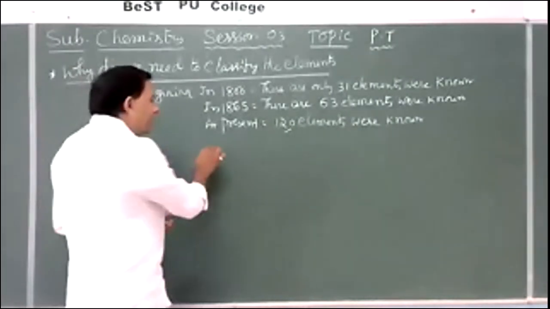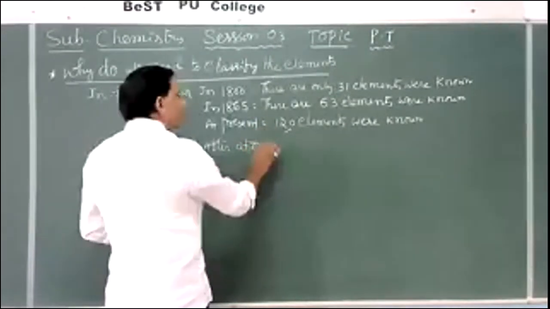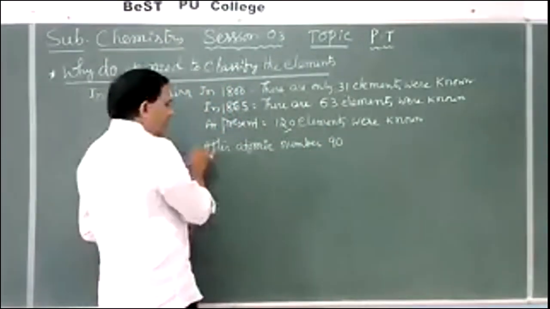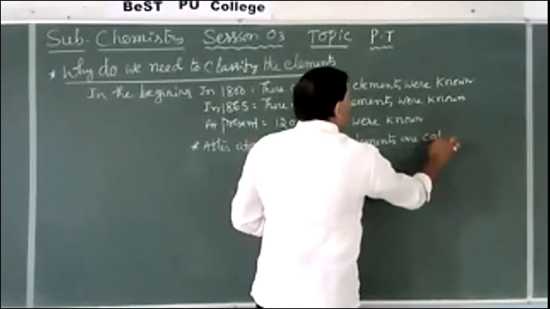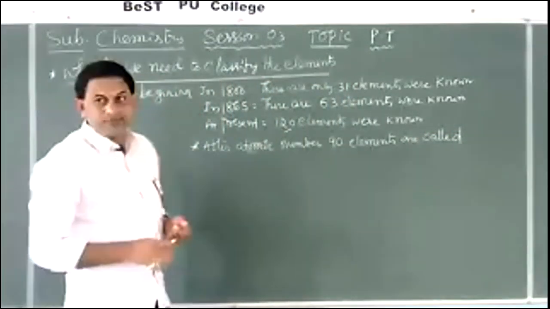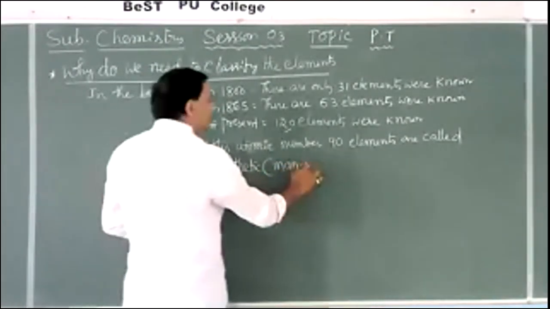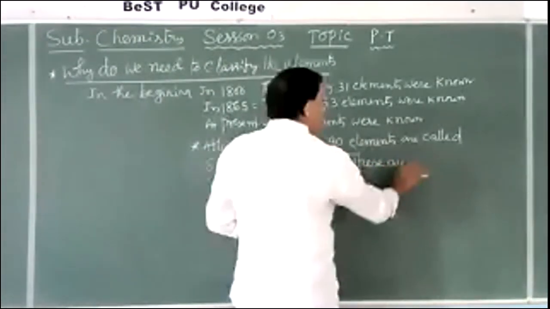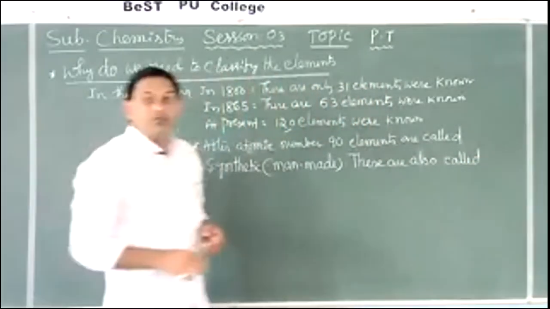After atomic number 90, the elements are called synthetic elements, or man-made elements.